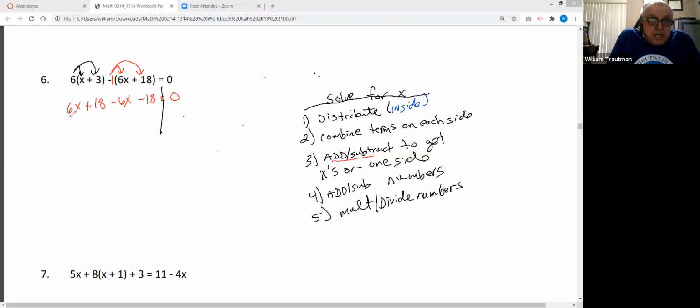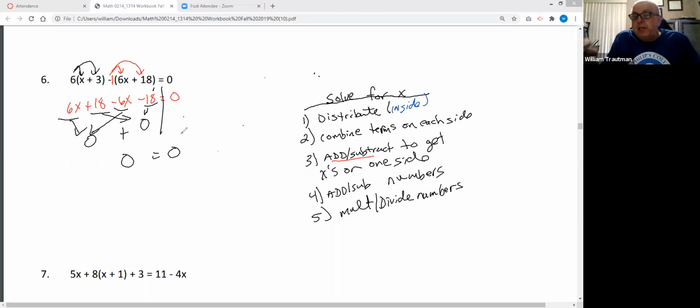But on the left side, 18 minus 18 turned to 0. And 6x minus 6x turned to 0. 0 plus 0 is 0. So we end up with 0 equals 0. The x's vanished. The x's disappeared.